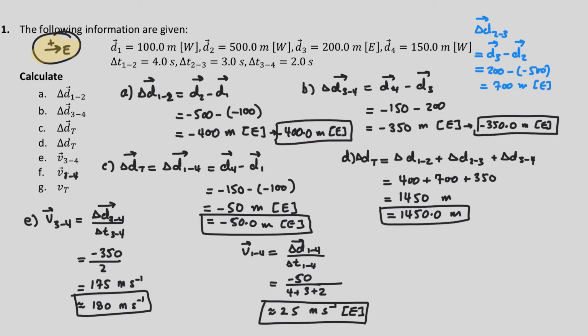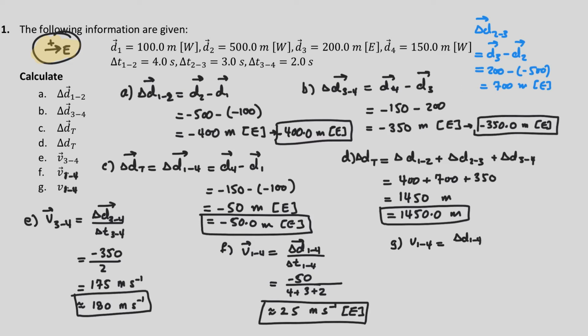Finally, for the speed from 1 to 4, so you notice when it doesn't have the arrow, we're talking about the speed. And to find the average speed from 1 to 4, I gotta label my questions just to be a little bit more organized. Average speed from 1 to 4, I have to use my distance from 1 to 4.